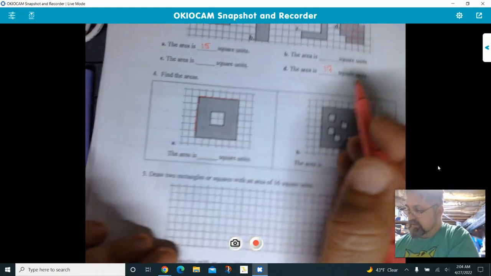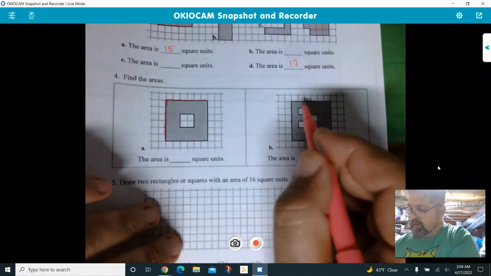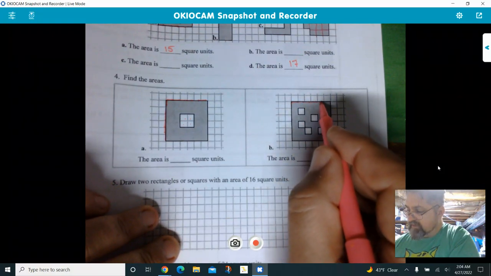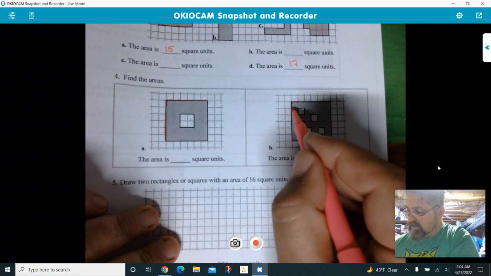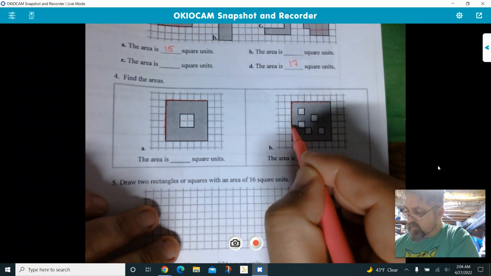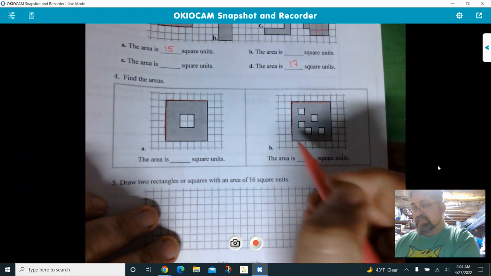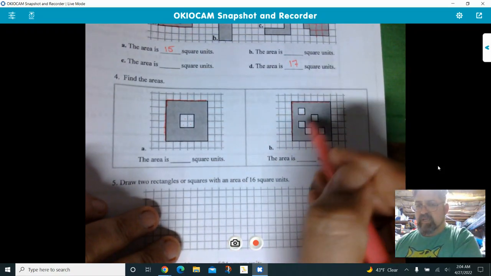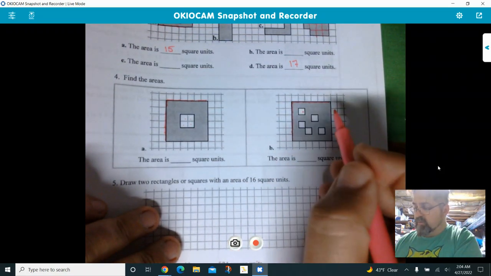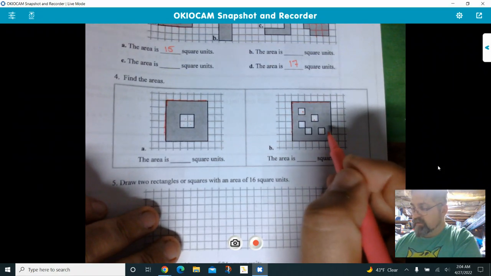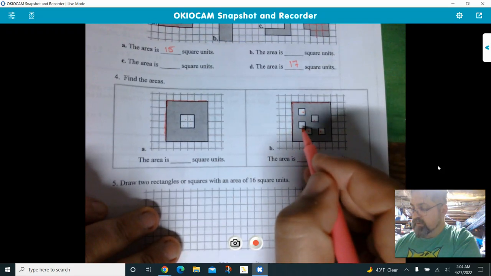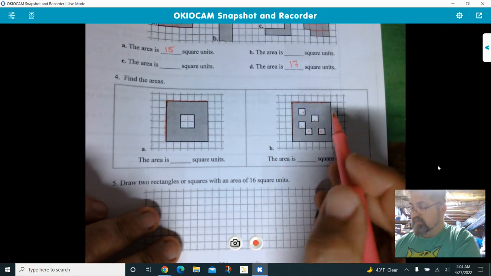This one is 6 times 6. 6 times 6 minus, how many empty spots right here in the middle? Got 1, 2, 3, 4, 5.